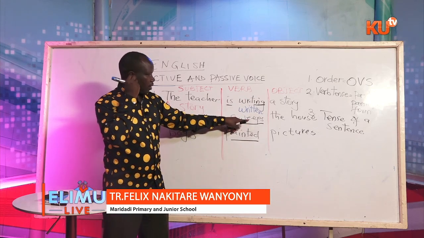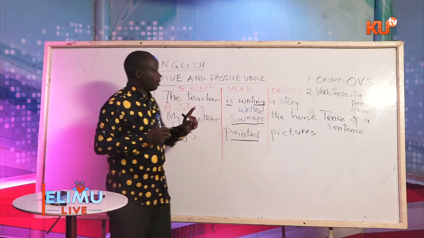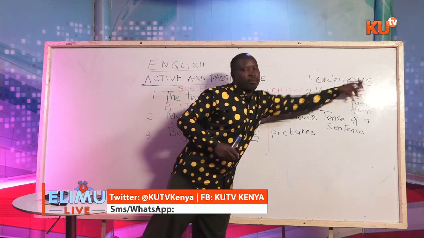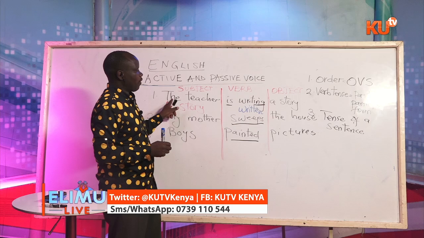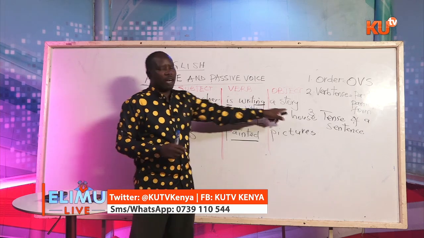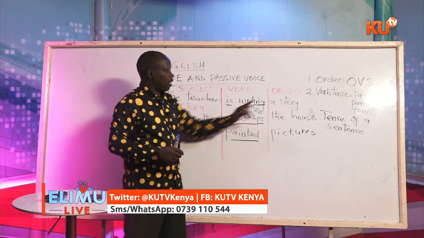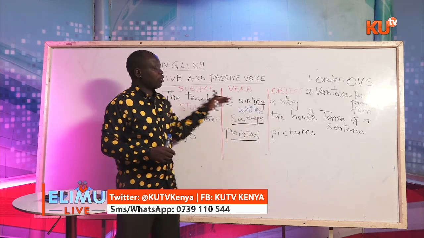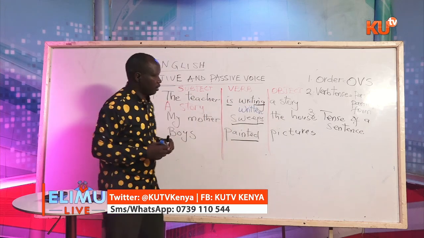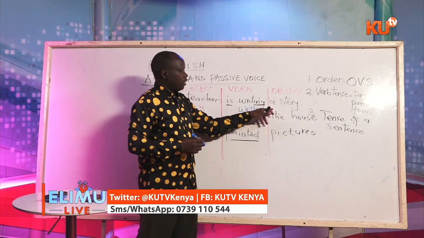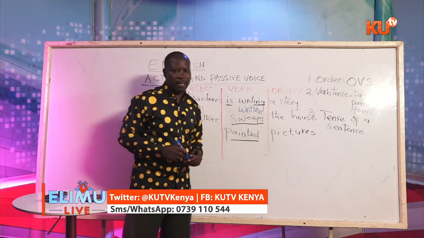Then we finish our sentence with our subject. And remember, our subject was the first one. So subject becomes the last one. So when we write the subject as the last one, we say this action has been done by somebody. So we shall use the word by, then we add the subject.